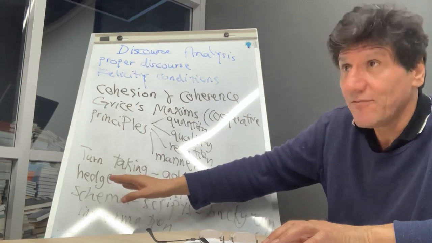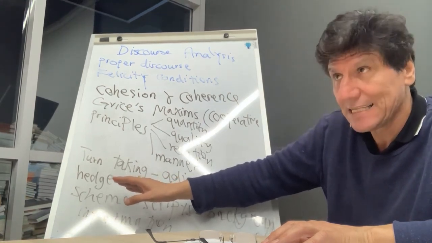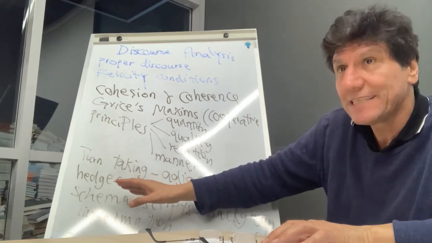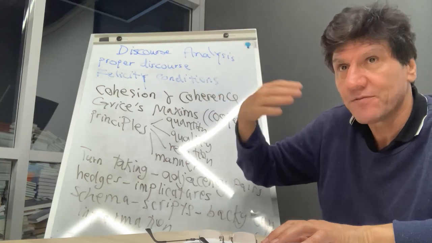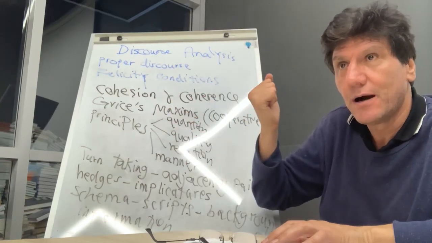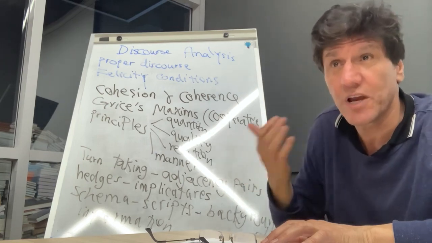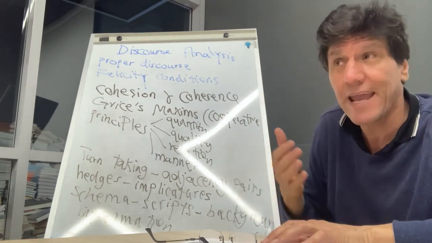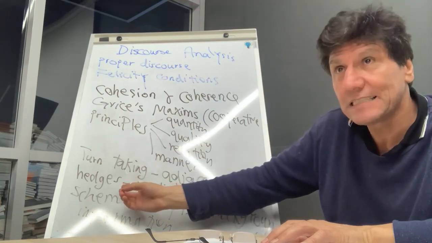Hedges. I gave you the idea of hedges in terms of politeness. You use hedges when you're talking to somebody who is higher than you, above you, in terms of power, education, social status, educational status, or age. So what are the important elements of hedges?